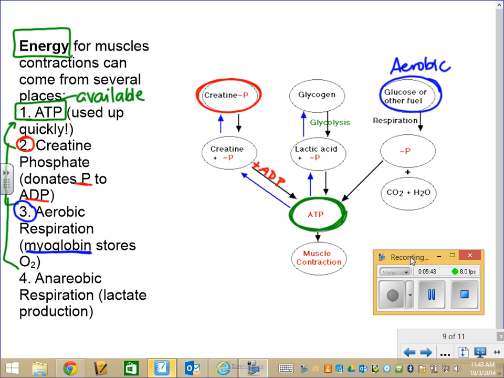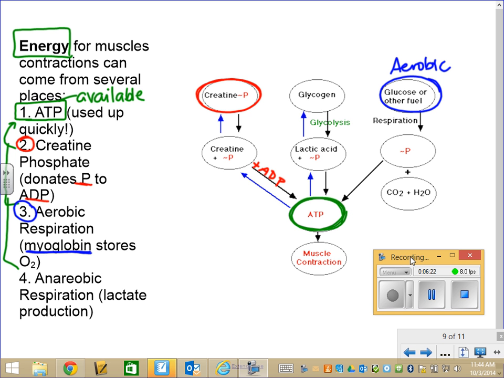Myoglobin in your muscles has oxygen. And so your muscles will do aerobic respiration as long as they possibly can because it produces more energy. So glucose or some other fuel, by fuel we mean a source of energy, will undergo aerobic respiration. We'll get that phosphate group that we can donate to ATP, and we'll get CO2 and water being produced.